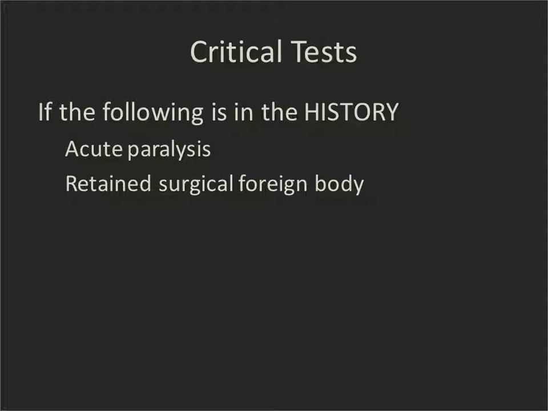Our other one is retained surgical foreign body. These are usually the abdominal radiographs that come down from the OR, exactly the same, if you have to phone them, even if it's totally normal. So note, critical tests are going to be a test with a specific history, and we only have 2 of them at our institution, and most places only have a fairly limited number.